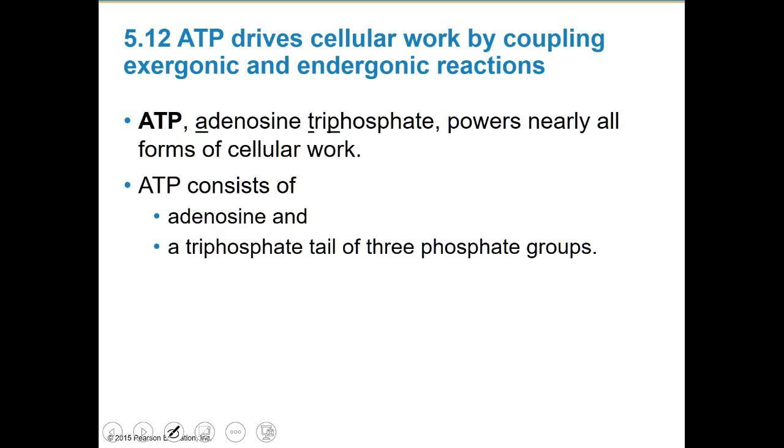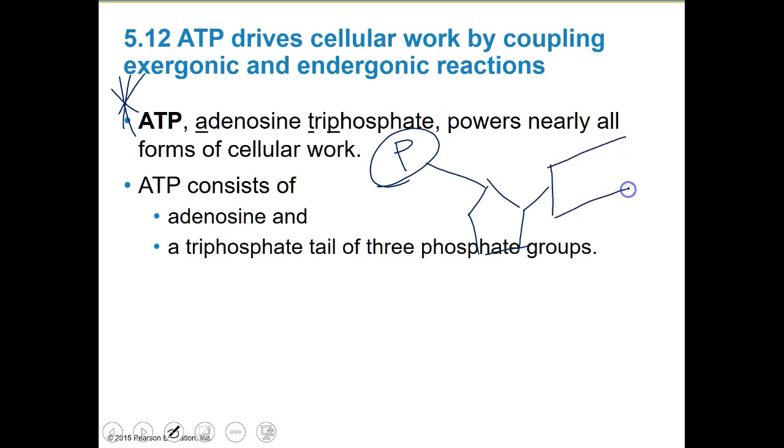So ATP stands for adenosine triphosphate. This is a big one, by the way, because we've got to know about ATP. Adenosine triphosphate. It actually looks a lot like an RNA nucleotide. It's going to have a ribose sugar. It's going to have a phosphate group. It has a nitrogenous base that sort of looks like A. Oh, there you go.